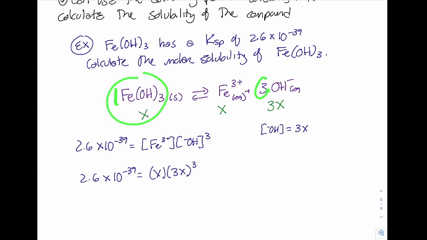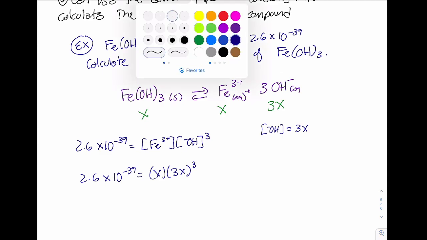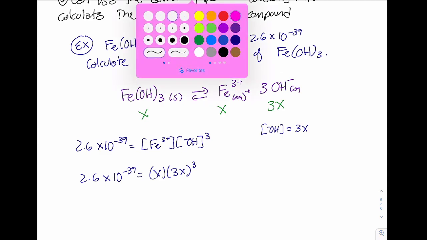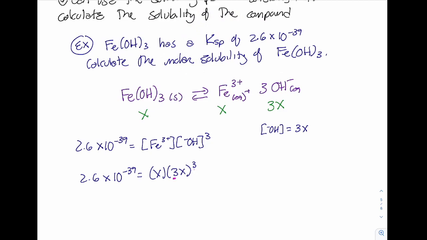Because of this 1 and this 3, my concentration is 3x. Then my expression tells me that I have to take that concentration, which is 3x, and raise it to the third power. So you're doing two things, right? We're going to both multiply it by 3, and you're going to raise it to that third power. So the concentration is 3x, and then our expression says we take 3x and we cube it.